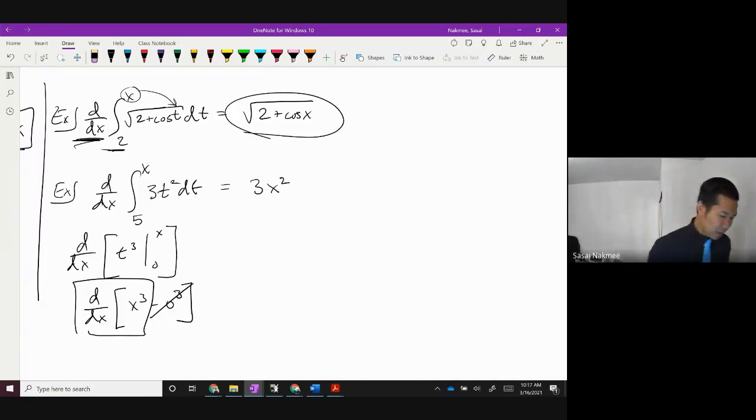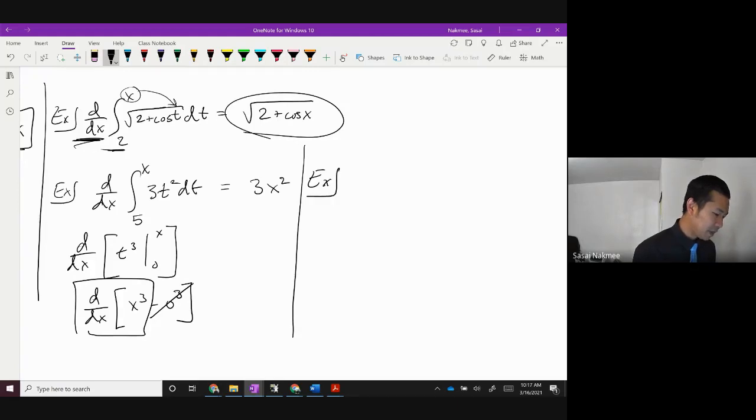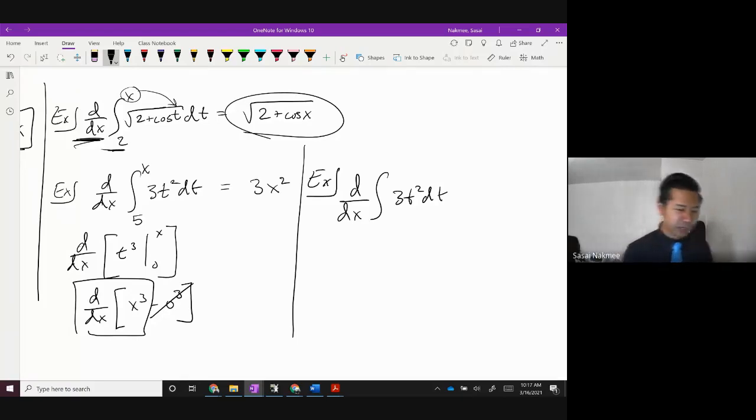But if you were to do this using the chain rule, if I looked at this exact same problem, I'm asking you to take the derivative with respect to x of the integral of 3t squared dt. The integral and the dx should cancel. But check this out. If I plugged in instead of x, I plugged in x squared, this is the part that gets a little tricky.